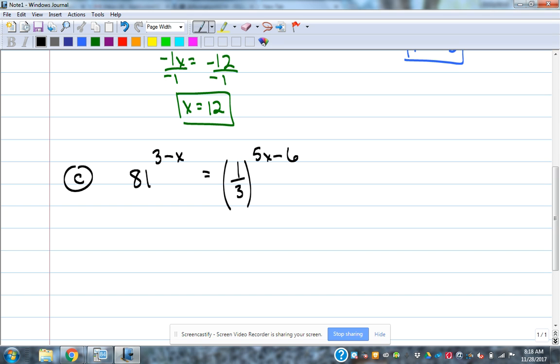Sometimes that's a little tough to think of. So sometimes if you're unsure what number to relate, take the biggest number and just break it down with a factor tree just to see what makes up 81. Well, I know it's 9 and 9, and 9 breaks down into 3 and 3. So 81 is really 3 to the 4th power.